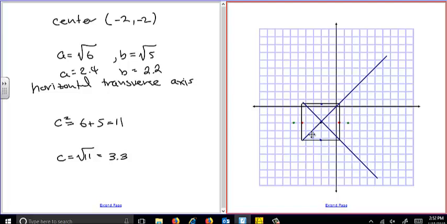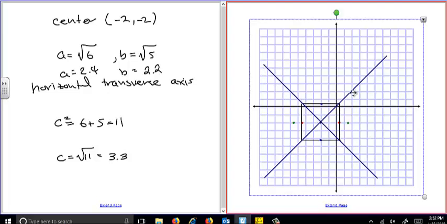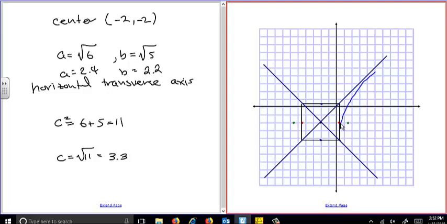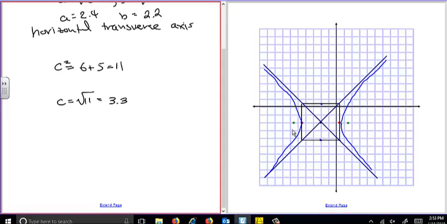It's encouraging. Okay. And then you draw it like this. Okay. Finally, notice everything's along a constant y line here, which is -2. So the vertices and the foci are going to have y equals -2.